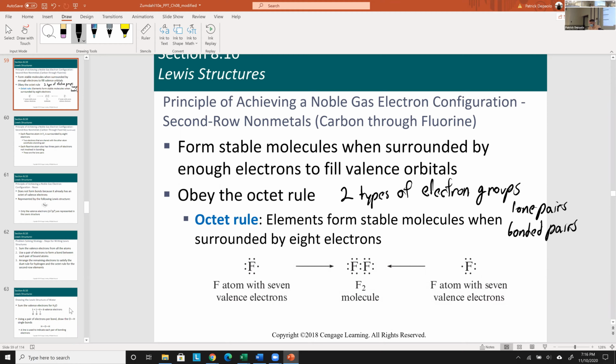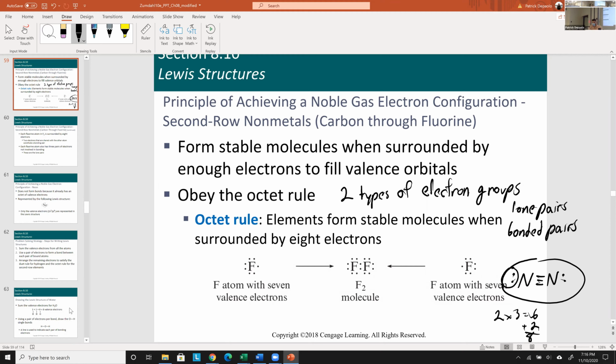For example, if you had the nitrogen gas molecule, this is the Lewis structure of nitrogen gas. Both nitrogens are following the octet rule, because each bond represents the sharing of 2 electrons. So you have 3 bonds there, so 2 times 3 is 6, plus the lone pair, that's 8.